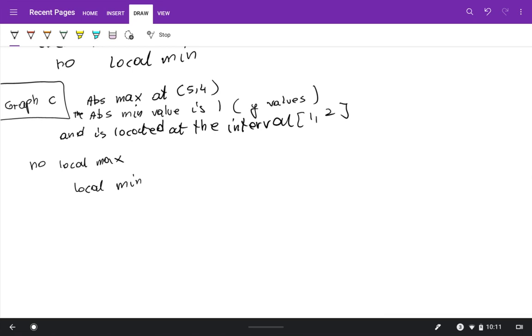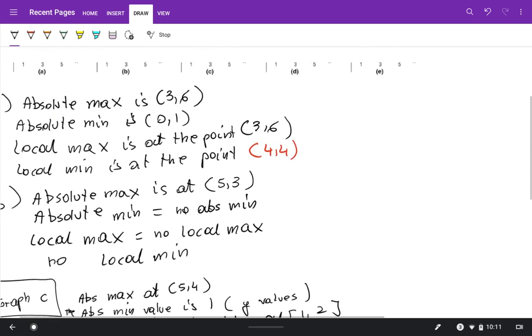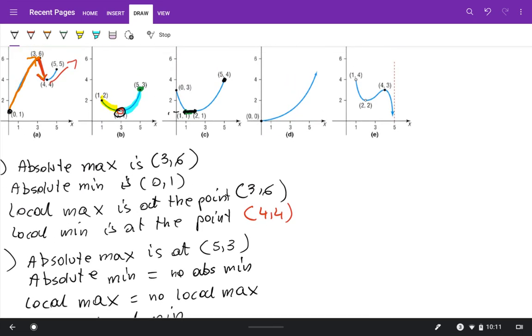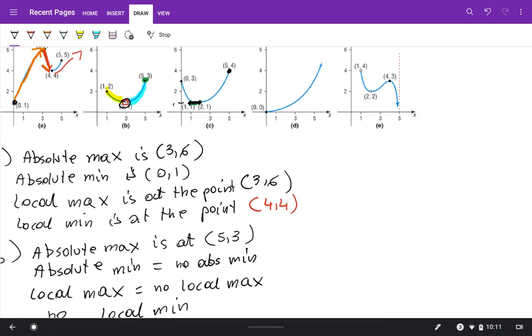Now let's talk about local minimum. A local minimum is the point on the graph where the function switches from decreasing to increasing, or from constant to increasing. So the local minimum will also be 1, because look what happened here, at this part of the graph and this part of the graph. We have a switch.